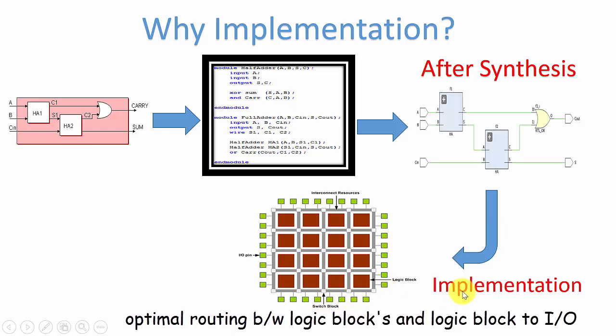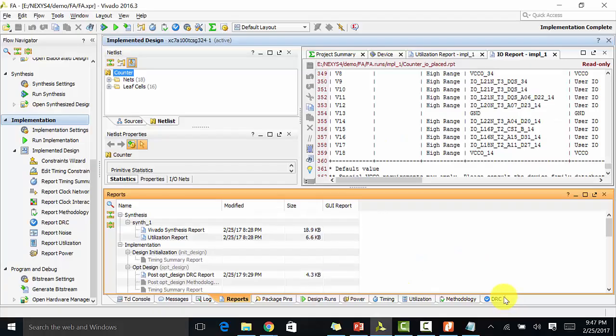It will provide the optimum routing between the logical blocks and from IO ports to logical blocks. It provides optimum results, and along with that, some outcomes come from the implementation tool.